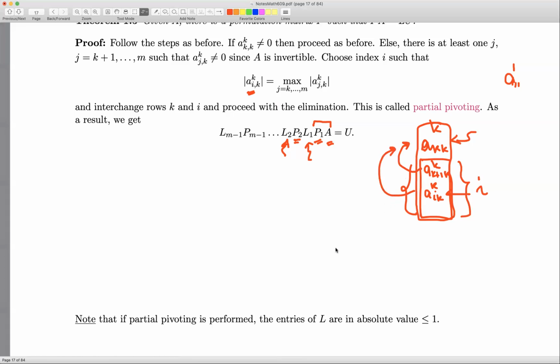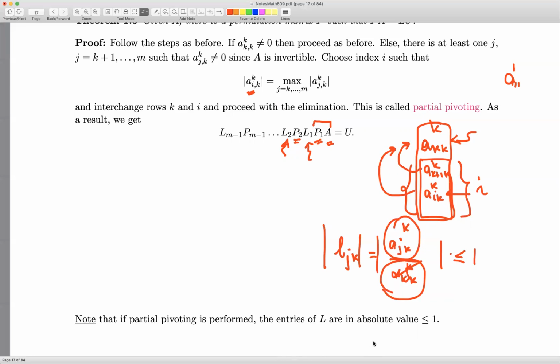And therefore, all the l_jk numbers, which will be a_jk divided by a_kk, the denominator is bigger in absolute value than or equal to the numerator, and therefore the absolute value of this will be less than or equal to 1.